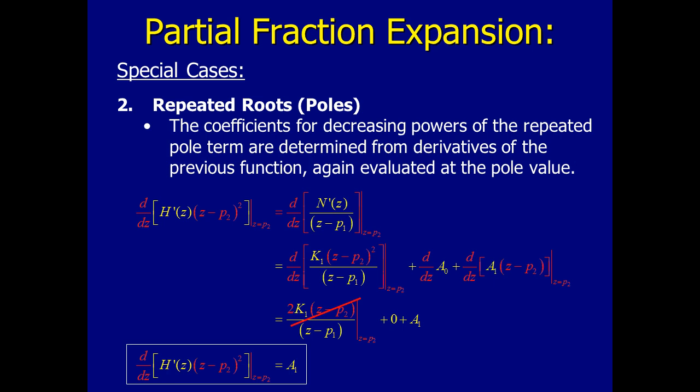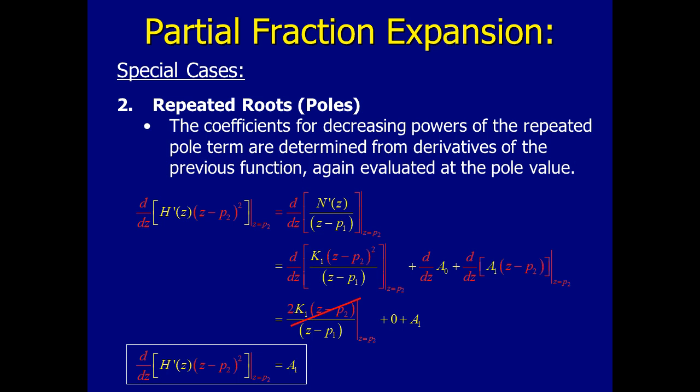Any other lower order powers, though, we're going to have to get not by substituting their pole value in, because we'll still end up with some zeros where we don't want them. But what we do is take that original product of the function we're trying to inverse transform and the pole term at its highest power, the thing we were getting the coefficient for before, and take its first derivative, or a derivative for each power we're trying to decrement to.